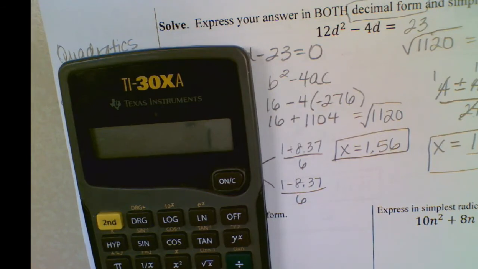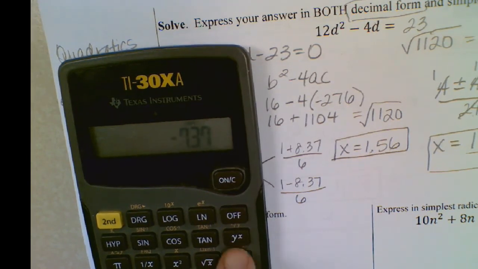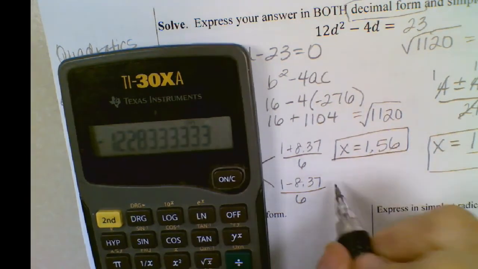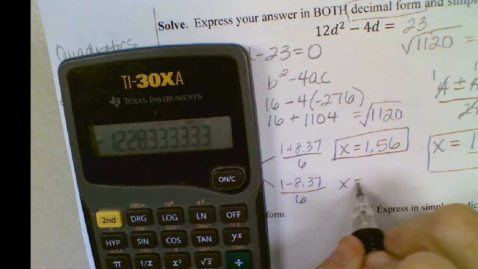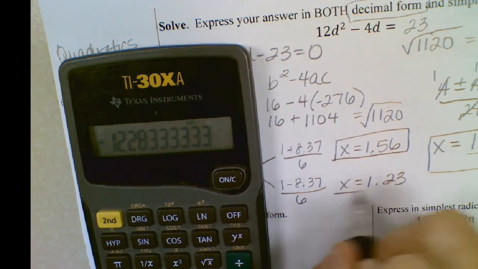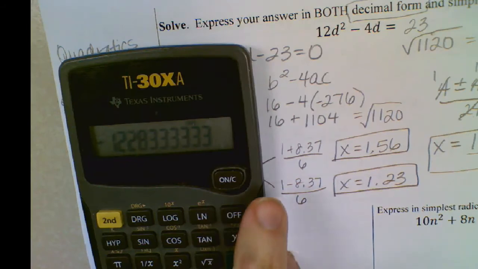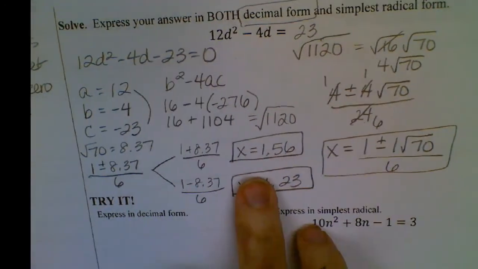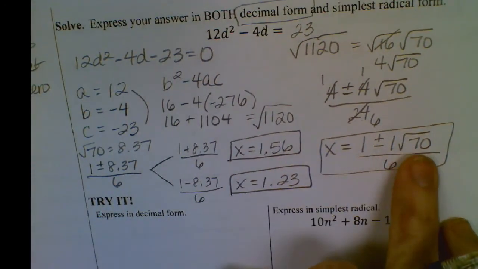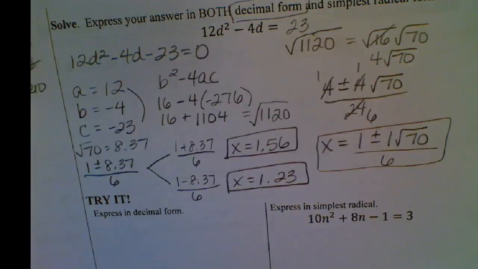And 1 minus 8.37 divided by 6 gives us negative 1.23. Good. So now we've got it in decimal form and simplest radical form, and that's as far as we can get with that.